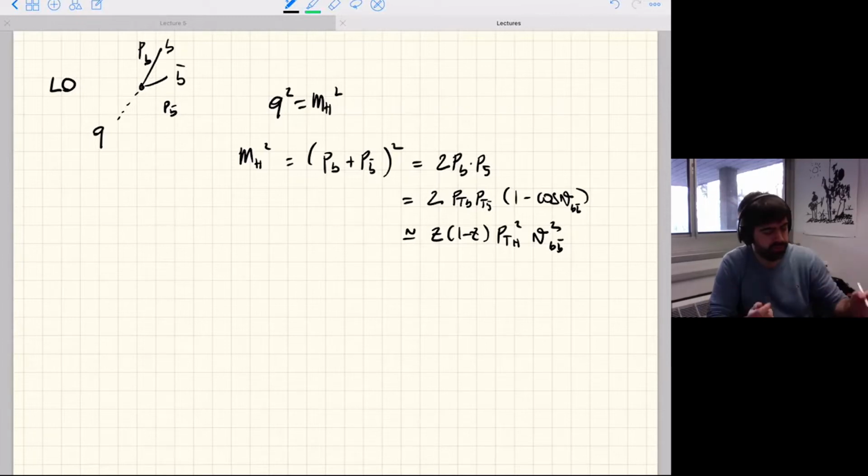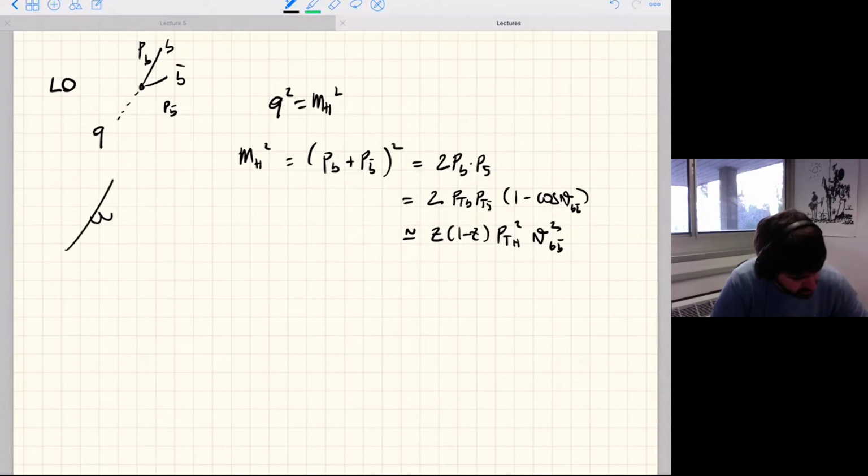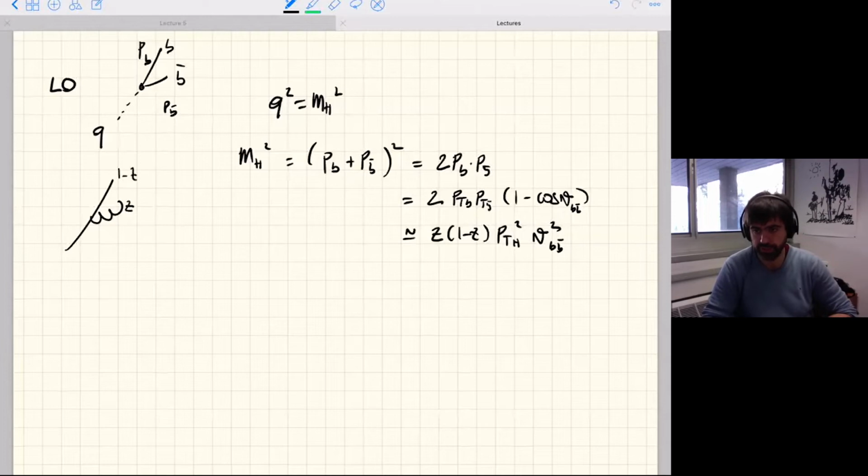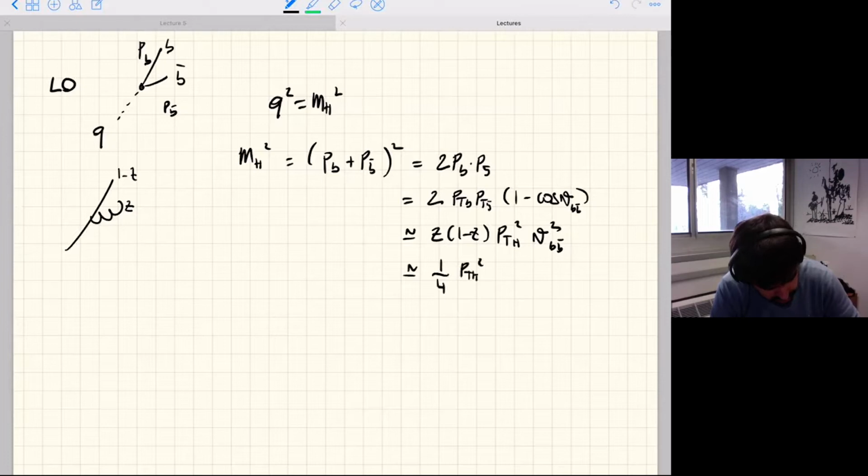If you were to do the other type of splitting, those are enhanced in the region where the energy of the gluon is small, much smaller compared to the energy of the quark, because of the soft enhancement. But for Higgs to b b bar, the splitting function is essentially flat. And so we can write this as roughly a quarter p_T Higgs squared theta_bb bar squared.